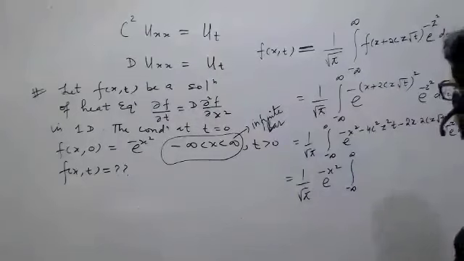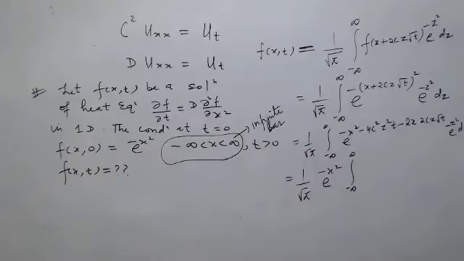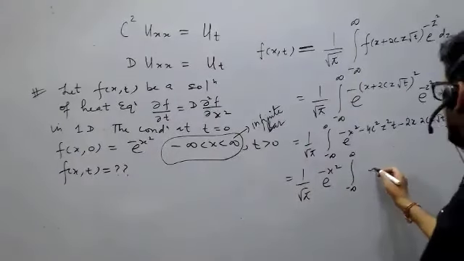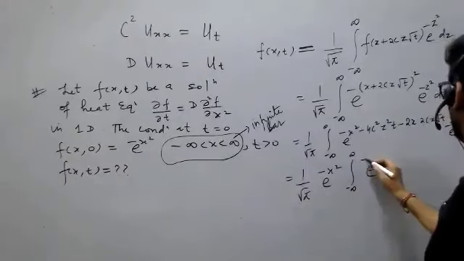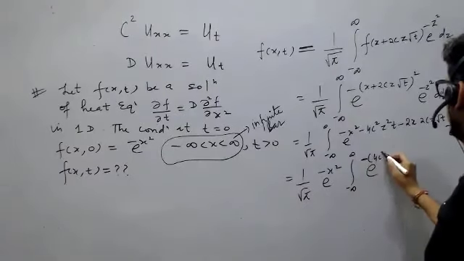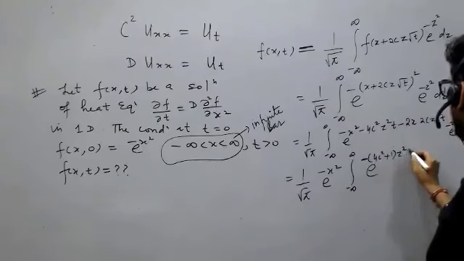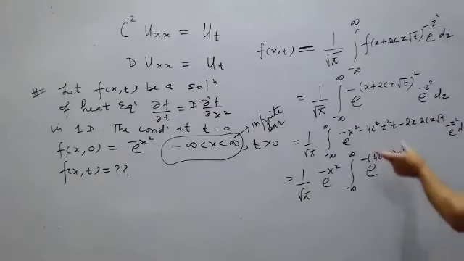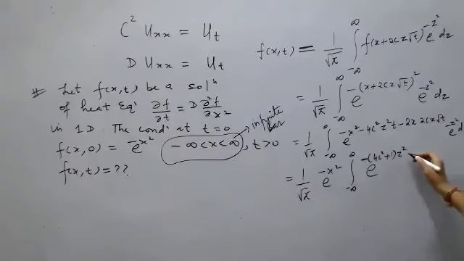What about this? e to the power minus (4c square t plus 1) z square. Okay, this and this is handled, and minus 4 x c z under root t, dz.